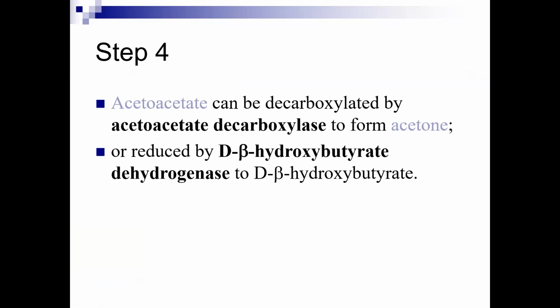So as ketogenesis continues, the larger amounts of acetoacetate and the D-beta hydroxybutyrate will start to shut down acetoacetate decarboxylase. Therefore, the carbon sink is ended.